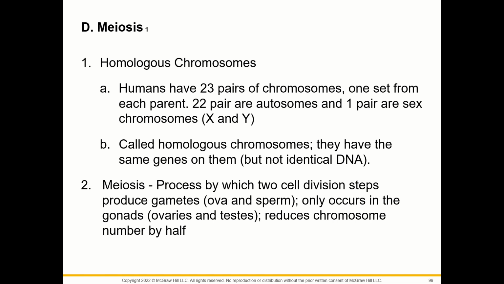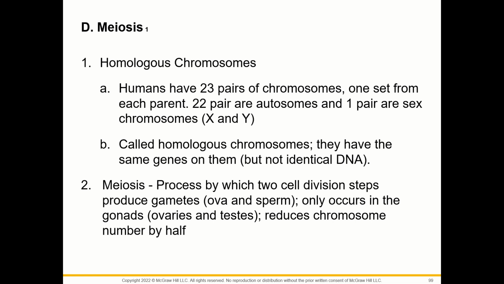So the whole way that life can propagate itself is through meiosis. And for humans, we have 23 pairs of chromosomes, one set from each parent. 22 are called autosomes, and 1 are called sex chromosomes. And the autosomes are for the body. The sex chromosomes, of course, determine if you are biological male or female.